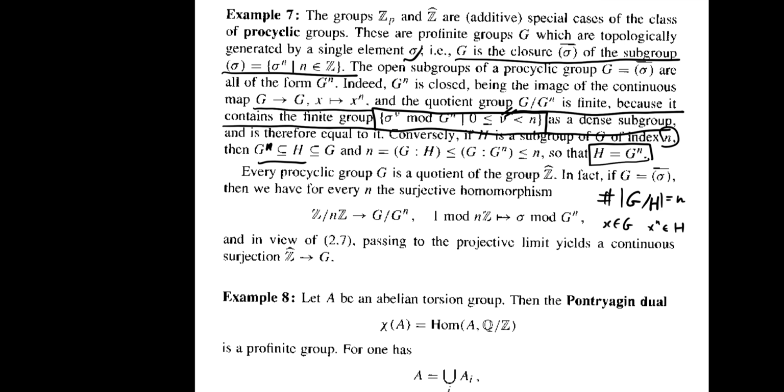Every procyclic group G is a quotient group. In fact, if G is the topological closure of the subgroup generated by an element, then for every n we have a surjective homomorphism, a continuous surjection.